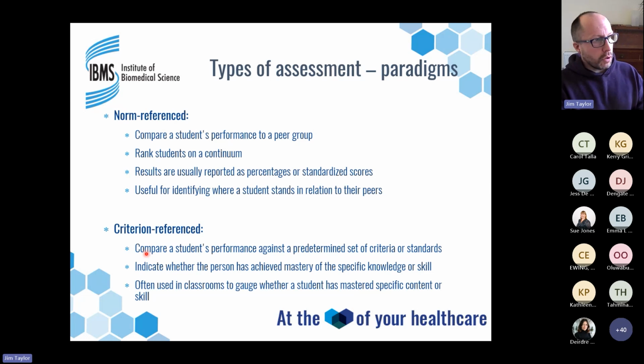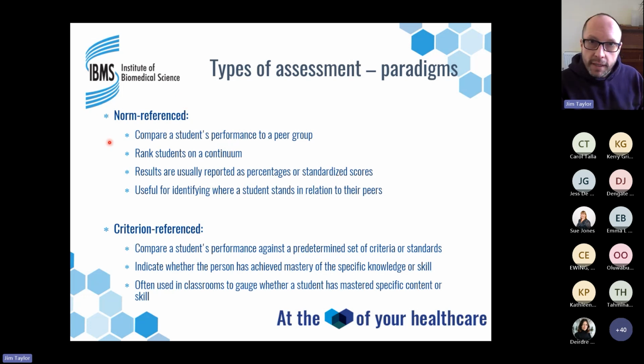The other thing that you'll come across quite often when you start looking at how to create and plan assessments are the two key paradigms. The first one is norm referenced, and the second is criterion referenced. The reason I've put these two comparators in as a slide today is because, particularly new employees, people who are fresh out of university and new into the workplace, are very familiar with norm referenced assessments.